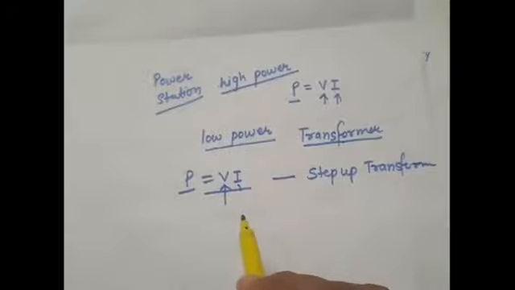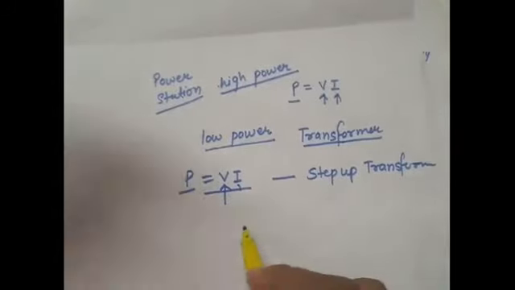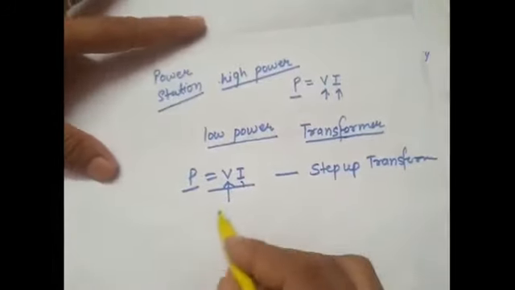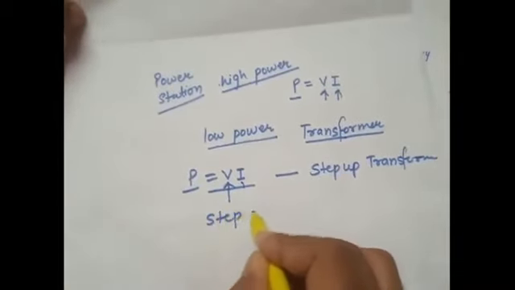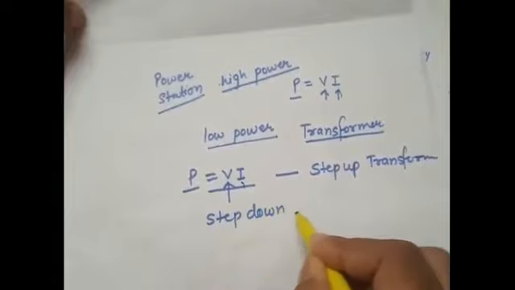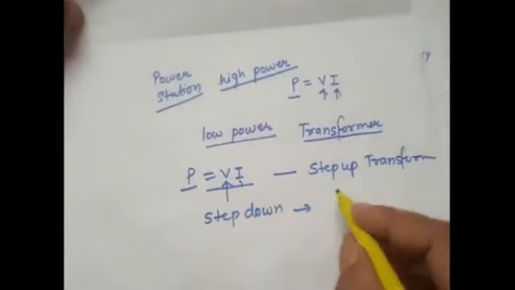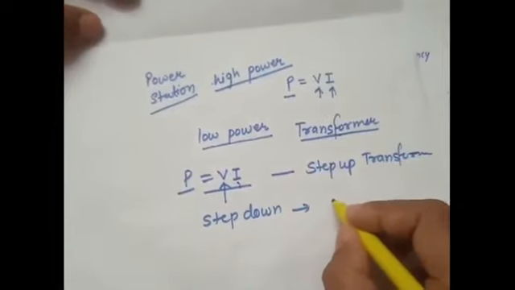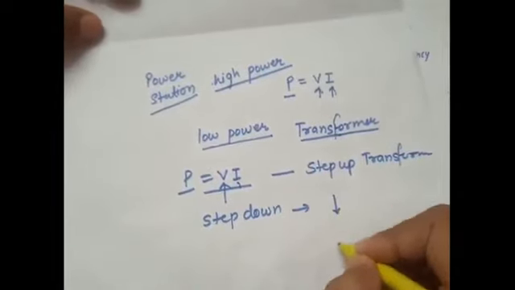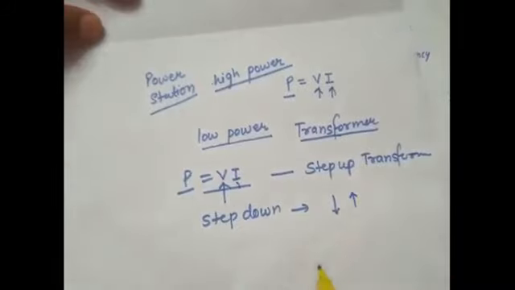So at that time we need to decrease this power. So what is done? Another type of transformer is used, called a step down transformer, to decrease the AC voltage. Now the value of voltage is decreased and the amount of current is increased.